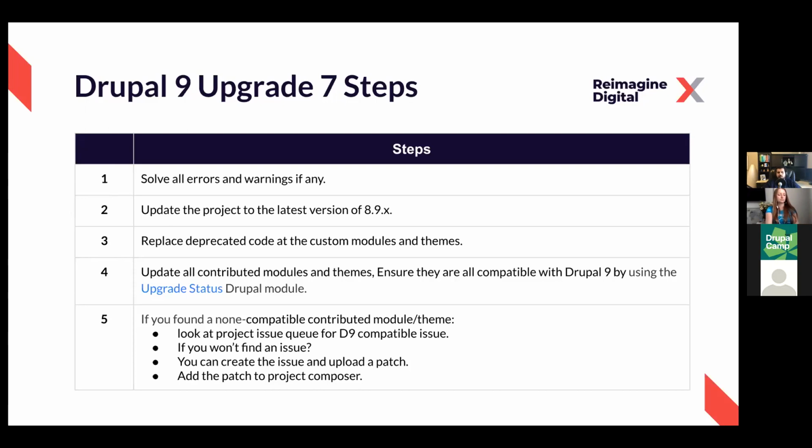You can then include it in your composer, or you can apply the patch manually if you are not using composer. If you don't find any issues, you will need to create a new issue and report it. And if you have contribution experience or have some good knowledge, you can also create your patch and upload it to the project page.